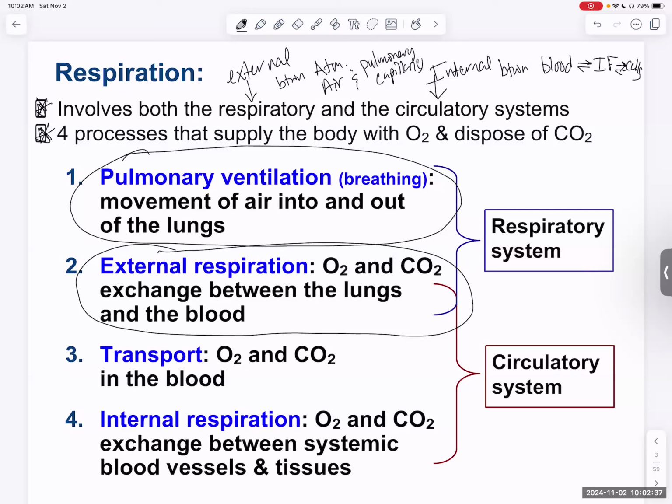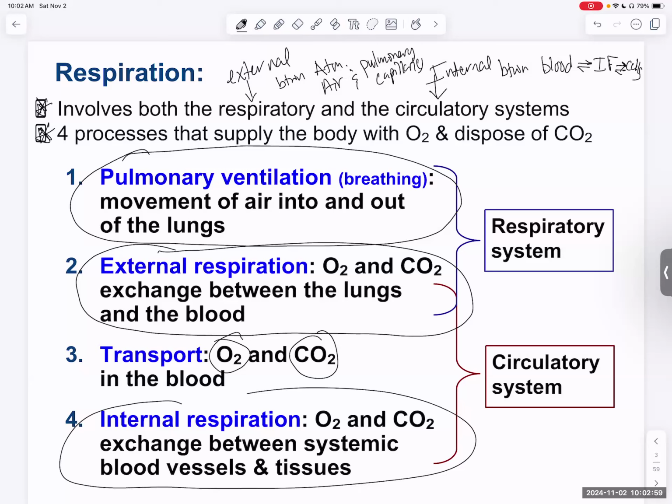That's external respiration. Then that new oxygen is being transported to the cells. Carbon dioxide is being brought and put into the blood, getting transported. Systemic circuit, bringing oxygen. Pulmonary, back to the right side. So the pulmonary circuit can get rid of that carbon dioxide and get new oxygen.